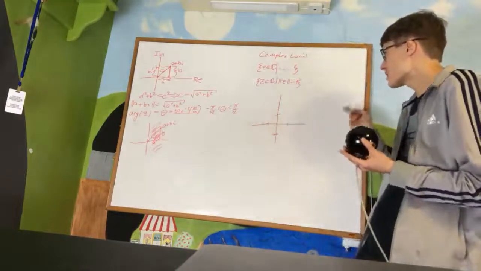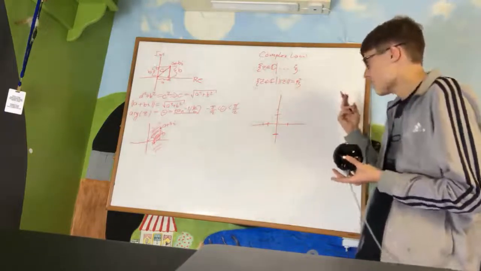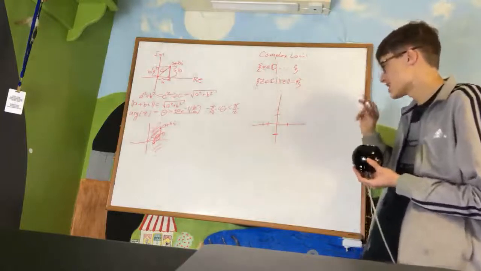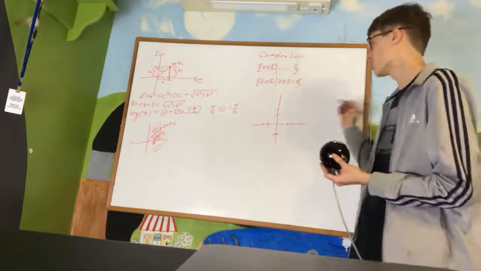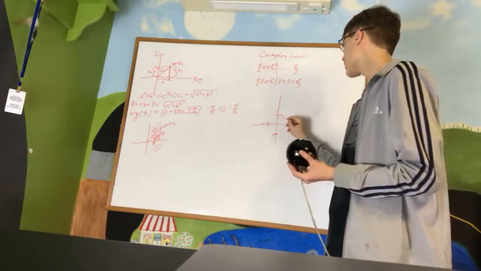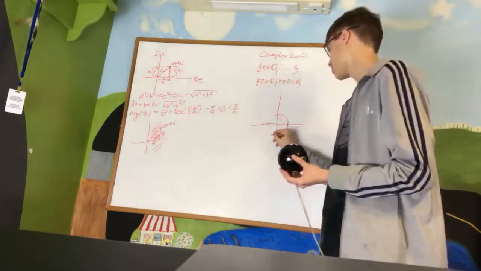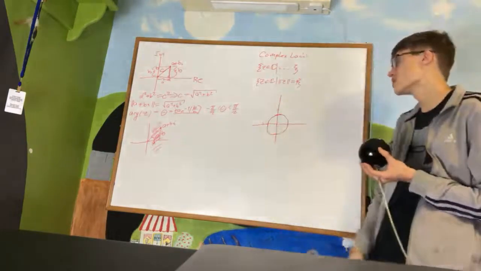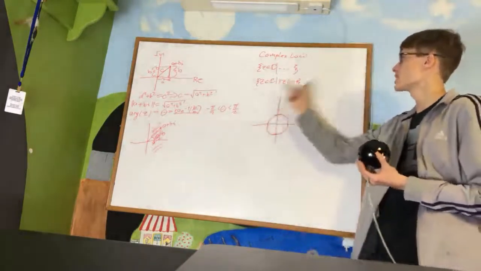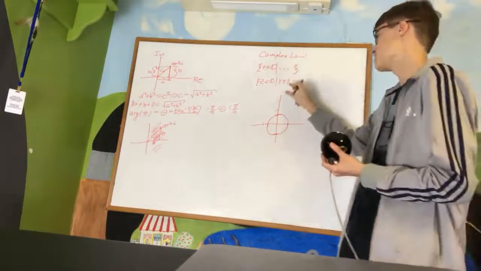Now you might already know what this is. The set of points that are an equal distance from the origin is just a circle. So this is the circle of radius 1, the unit circle. This is the locus of points where the magnitude of z is equal to 1.